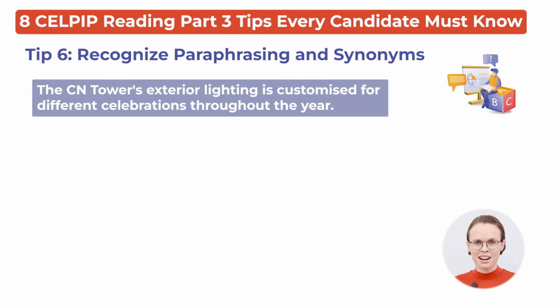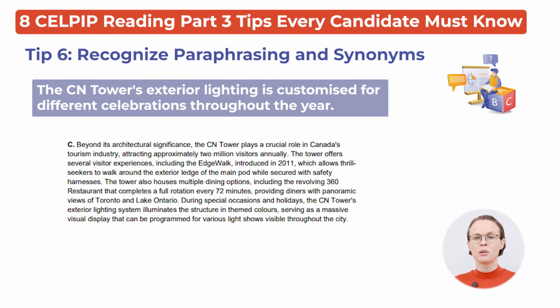The CN Tower's exterior lighting is customized for different celebrations throughout the year. When you scan paragraph C, you won't find the exact words "customized for different celebrations." Instead, you find: "The CN Tower's exterior lighting system illuminates the structure in themed colors, serving as a massive visual display that can be programmed for various light shows visible throughout the city."